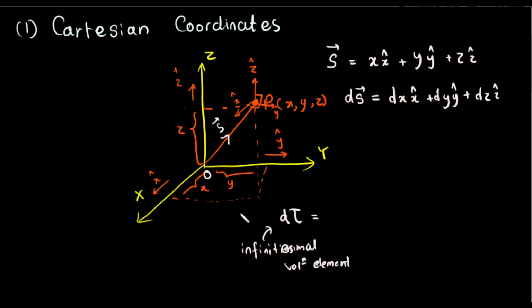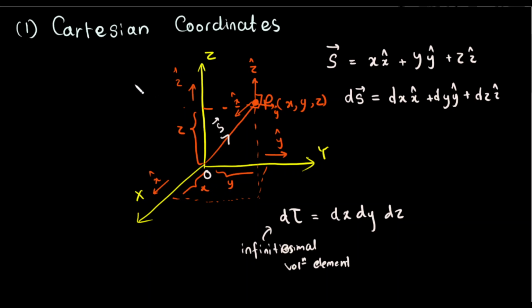If the volume is changing, then we have to find dx, dy, dz. The multiplication of dx, dy and dz is going to be my infinitesimal volume element.